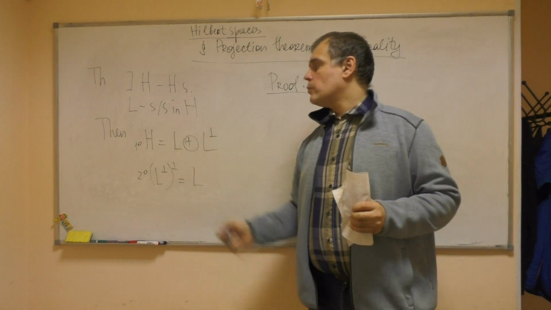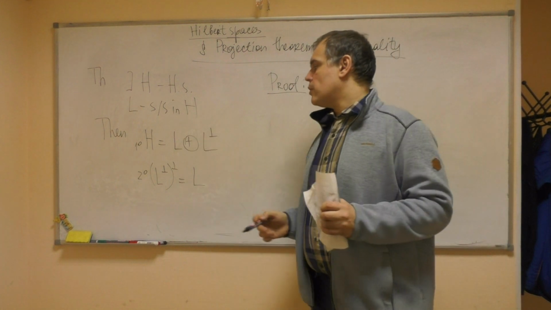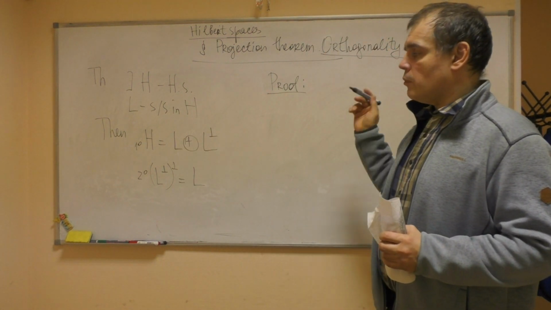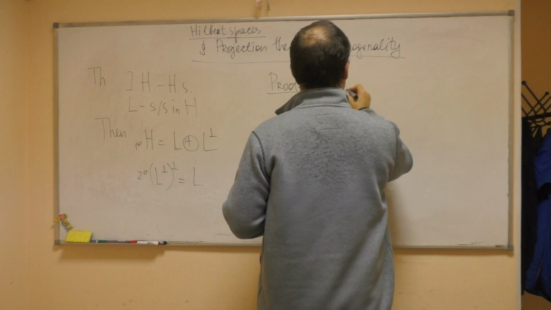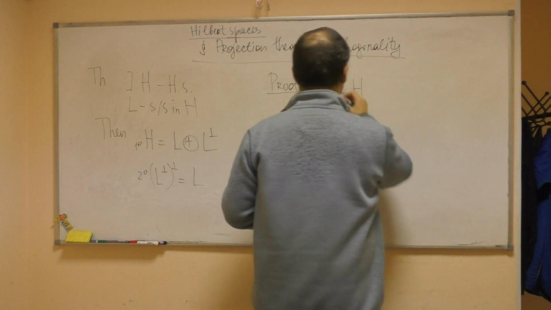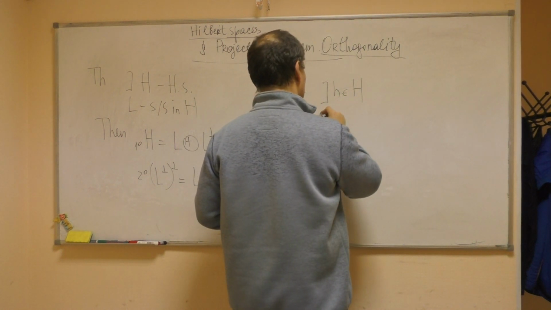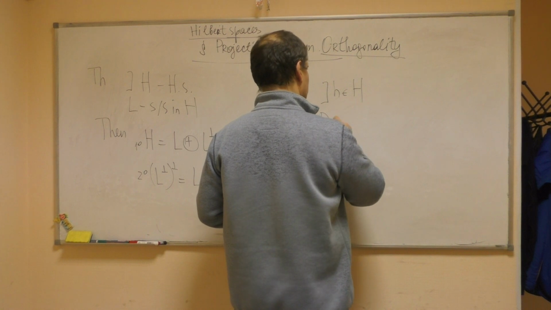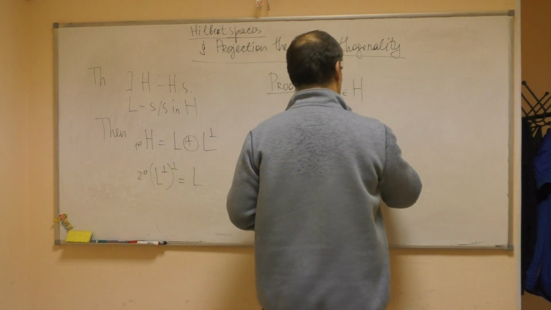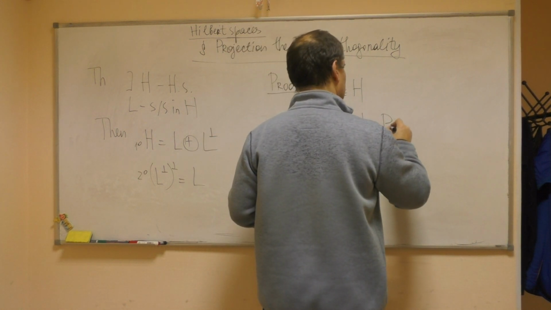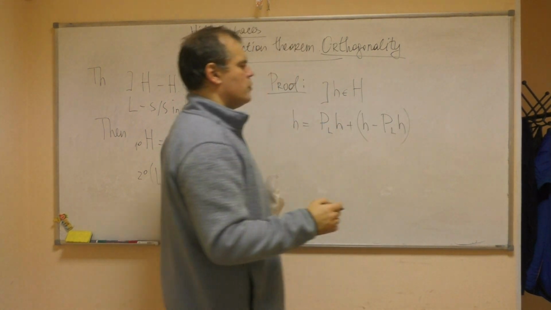Well, first let's prove that each element of H can be represented as a sum of elements from L and its orthogonal complement. So each element from H can be presented as a sum of its projection into L plus H minus this projection.